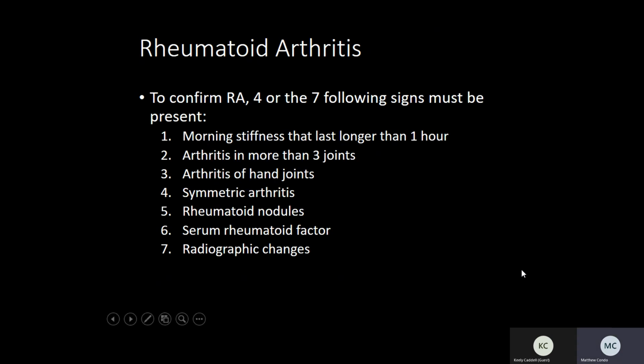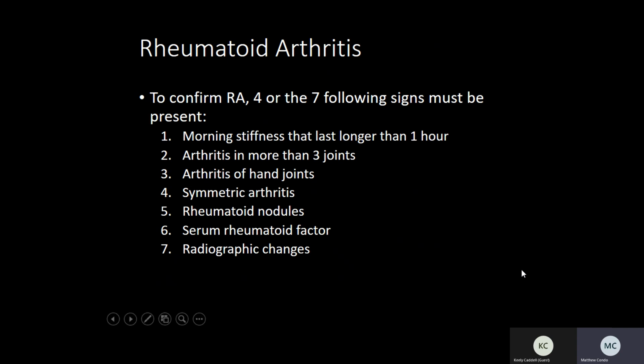To confirm rheumatoid arthritis, you have to have 4 of the 7 signs. Okay, so a lot of these we're going to ask. Do you have morning stiffness that lasts longer than an hour? I will tell you that that is one of the key pieces of information that differentiates osteoarthritis and rheumatoid arthritis. Remember also ankylosing spondylitis, right?